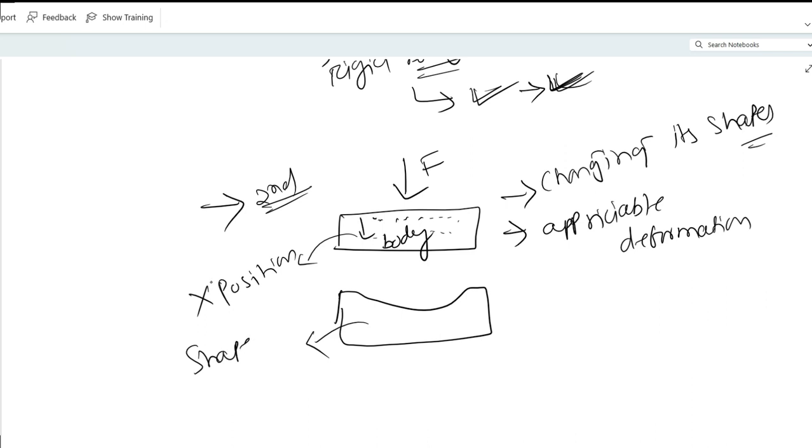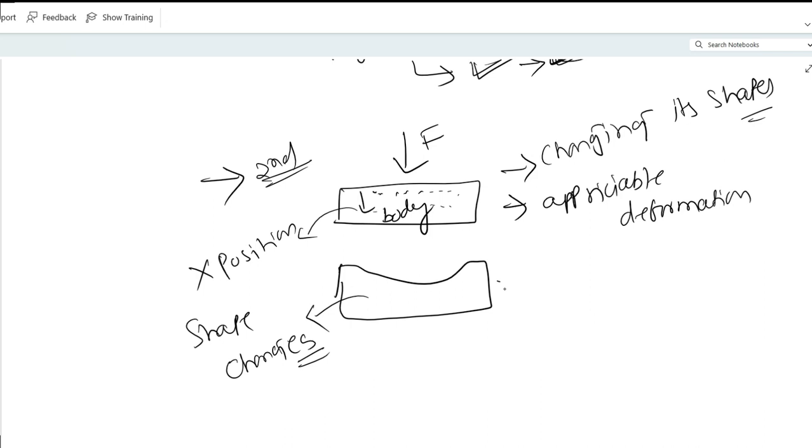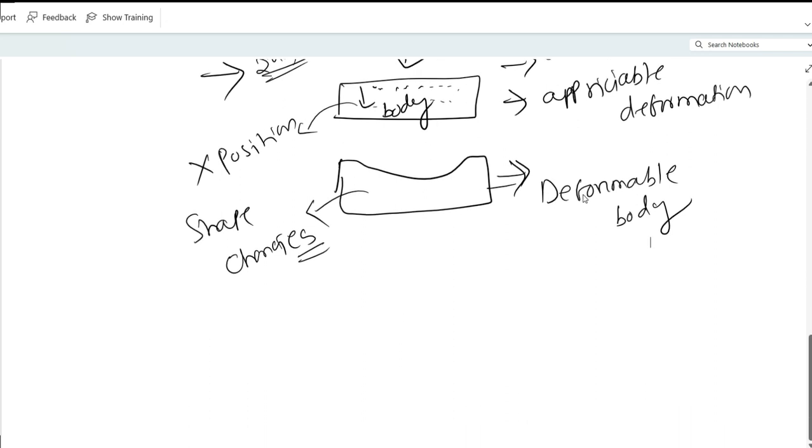Then this kind of body we call a deformable body. And this deformable body, mainly we divide into two types. One is elastic, another one is plastic.